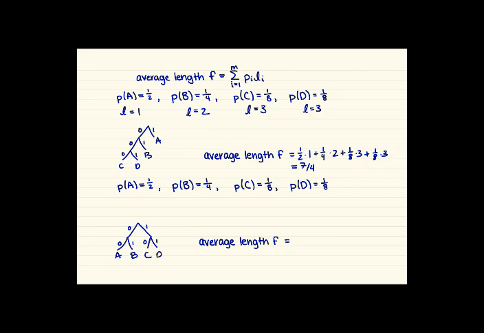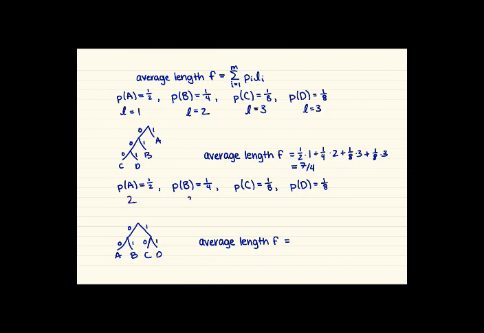Now let's look at this for the same probabilities, but now look at the encoding of these letters according to this tree below. We know from our Huffman tree construction that this one was not as efficient, and we'll see that when we compute the average word length. So our word length for A here is 2.